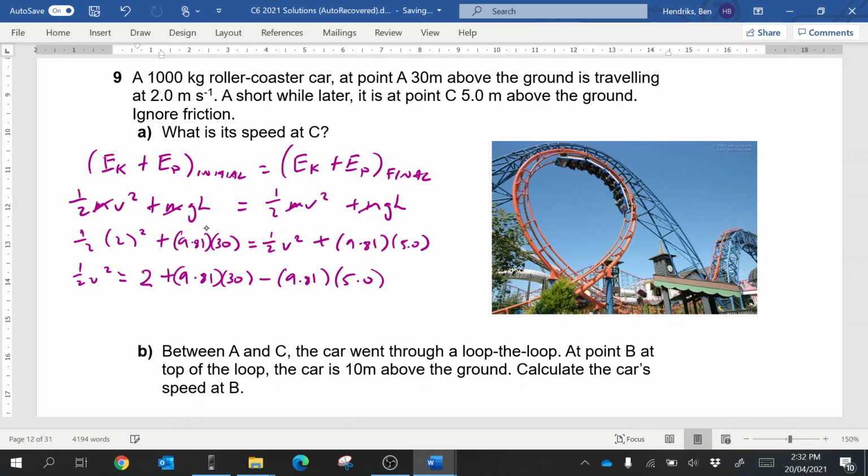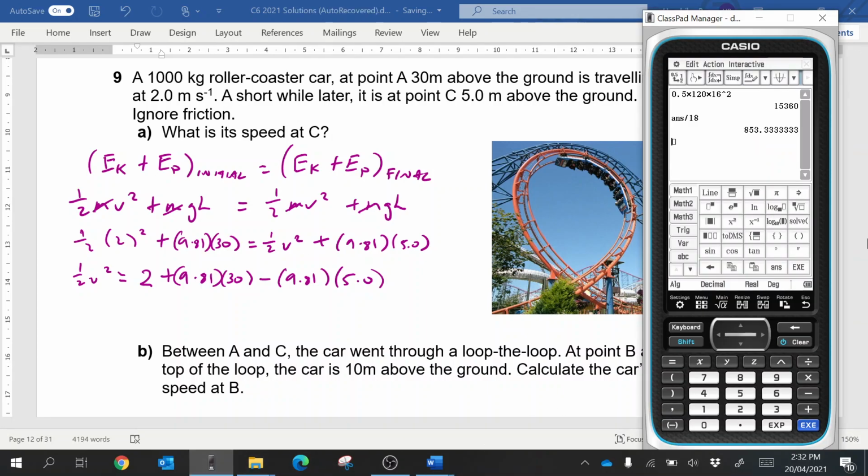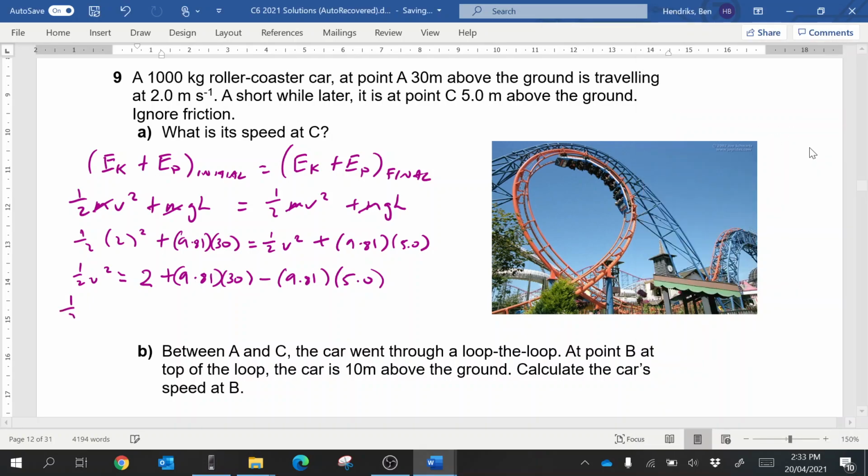Essentially what I've done is I've subtracted 9.81 times 5 from both sides. So we put it into the calculator: 2 plus 9.81 times 30 minus 9.81 times 5 is 247.25. So half times v squared is equal to 247.25.